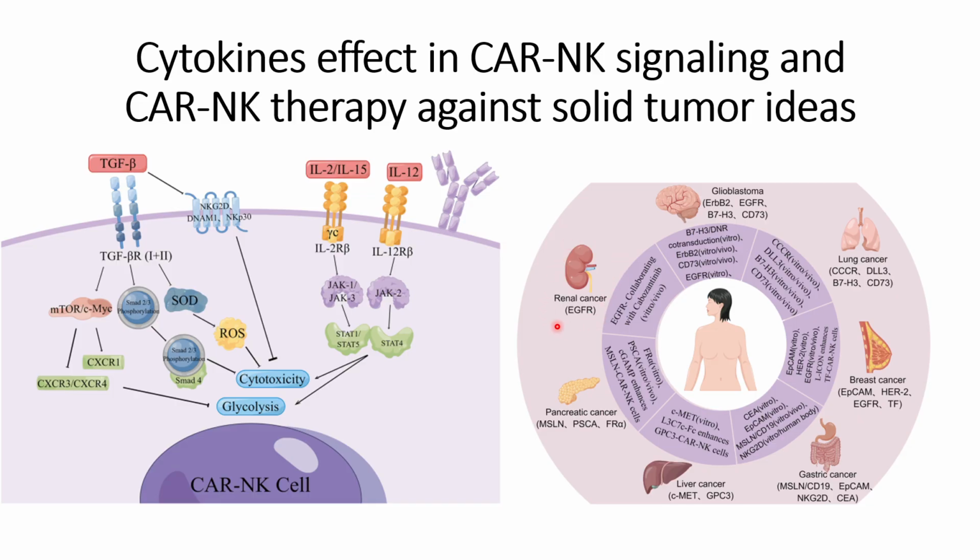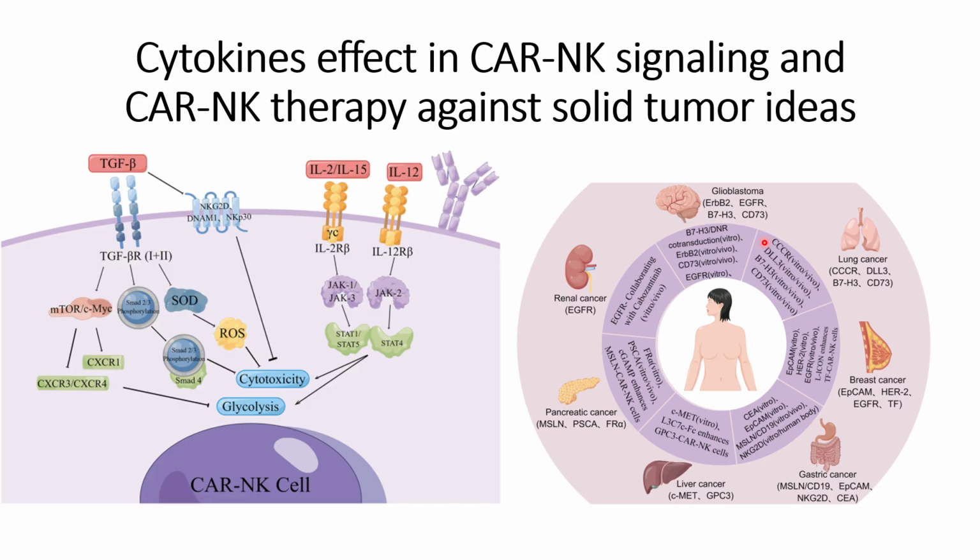In this case, the target is the EGFR growth receptor that is expressed on these cancers, and research is currently going on at both the in vitro and in vivo stages. For glioblastoma, the targets identified are ERBB2, EGFR, B7H3, and CD73, and so far there were positive results in the in vitro studies, and research is currently going on at that stage only.